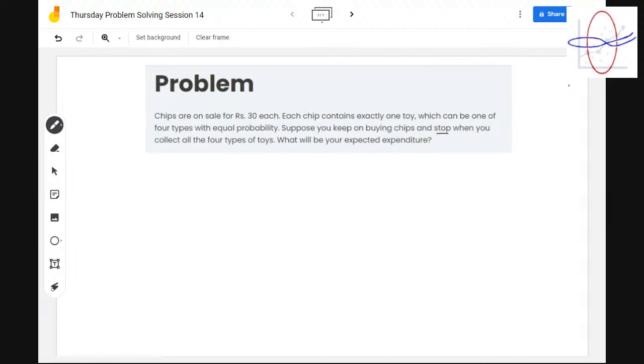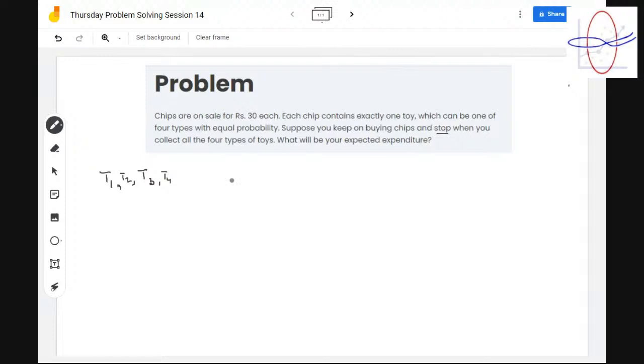There are 4 toys, say T1, T2, T3, T4. Let's say you get the first toy. So what exactly is left? You are left with the 3 toys to come, right? So what do you do exactly here? Yeah, perfect. You're right, Tishika.